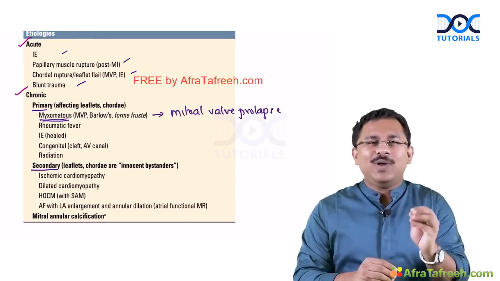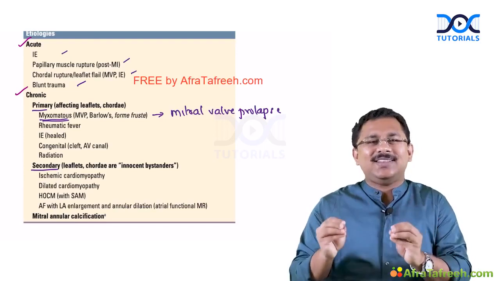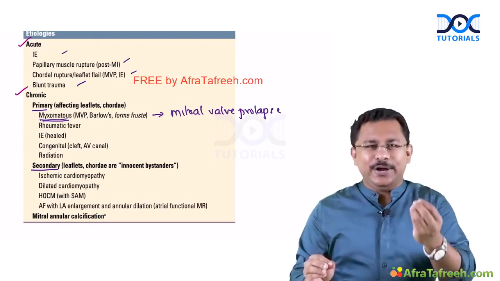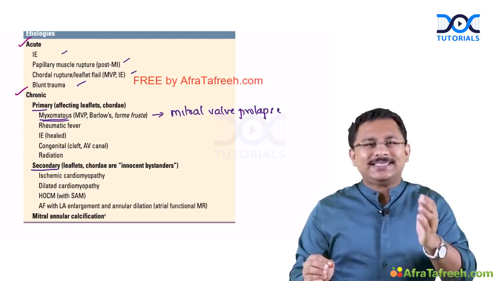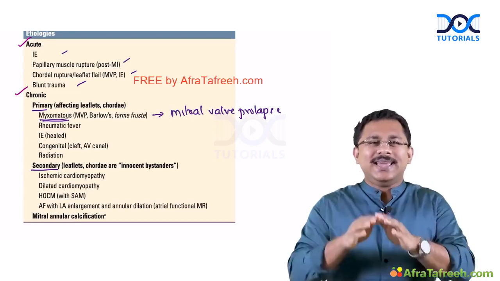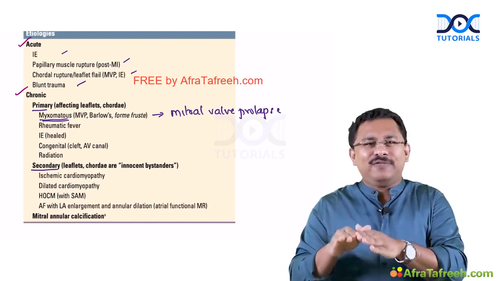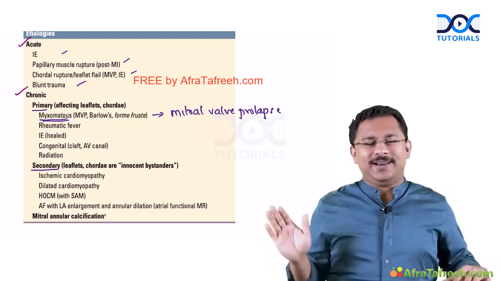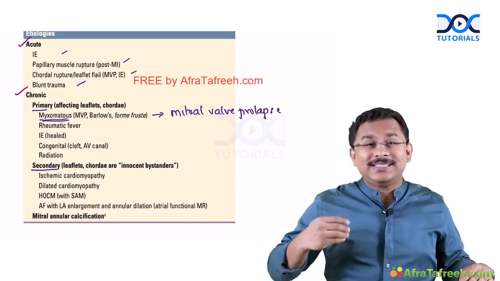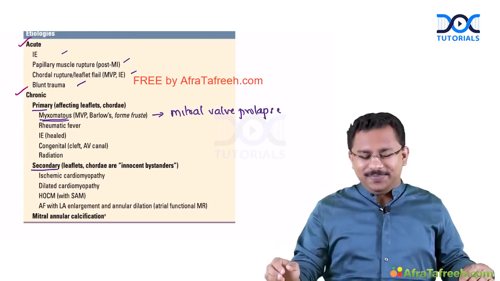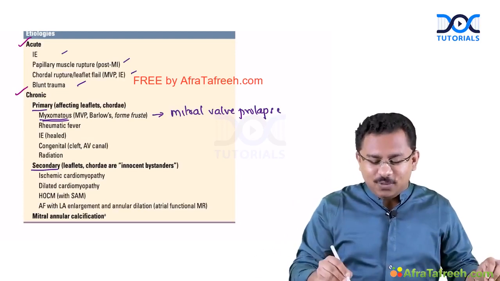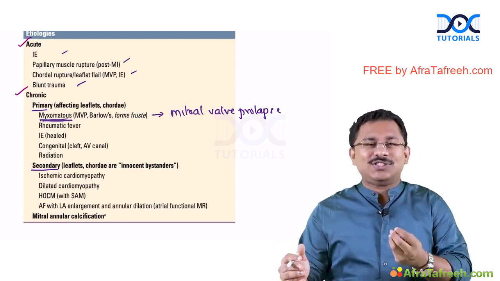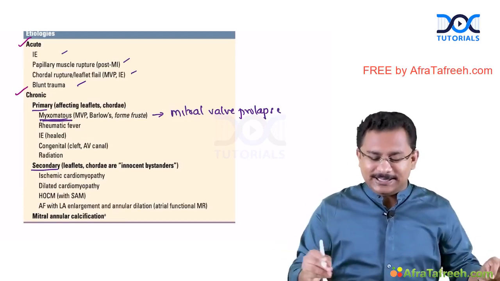Tell me what will happen to the tensile strength of the mitral valve. Obviously, the tensile strength reduces. When the tensile strength reduces, the otherwise compact mitral valve will have a tendency to prolapse into the left atrium. Which is why myxomatous mitral valve degeneration is an important cause of mitral regurgitation.